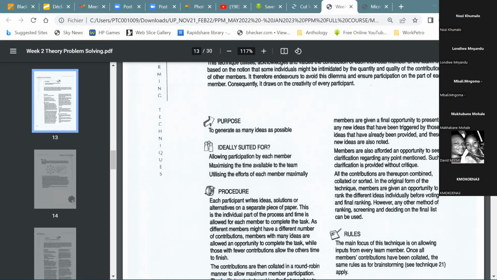After this technique, we can use another technique to select which are the best ideas. But the main point of this technique is to generate more ideas from people and to allow them to share it. Is that okay with everyone?